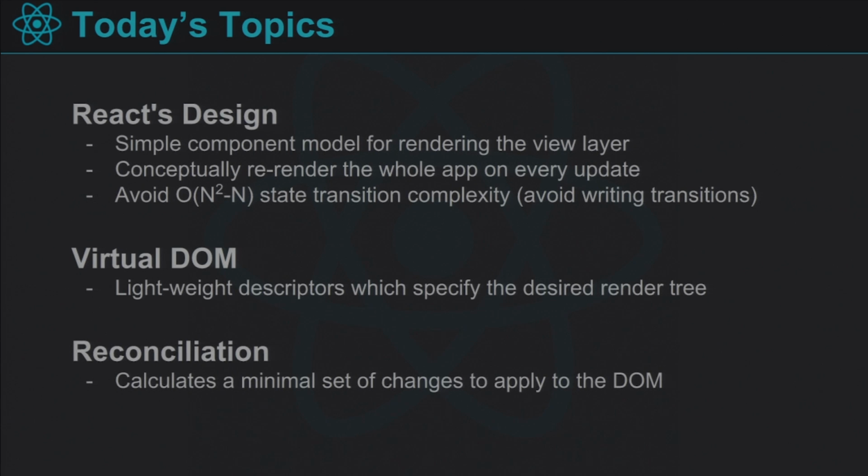I mentioned the virtual DOM, lightweight descriptors that specify the desired render tree. React outputs virtual DOM nodes, which are then diffed and reconciled to the real DOM. And reconciliation is the process of actually doing that.